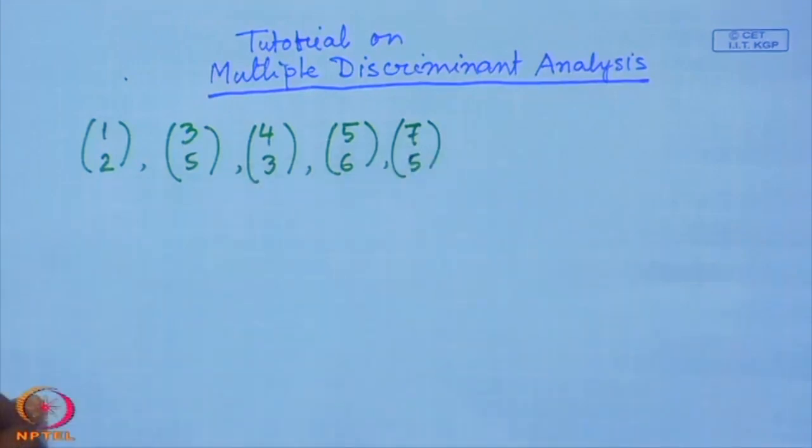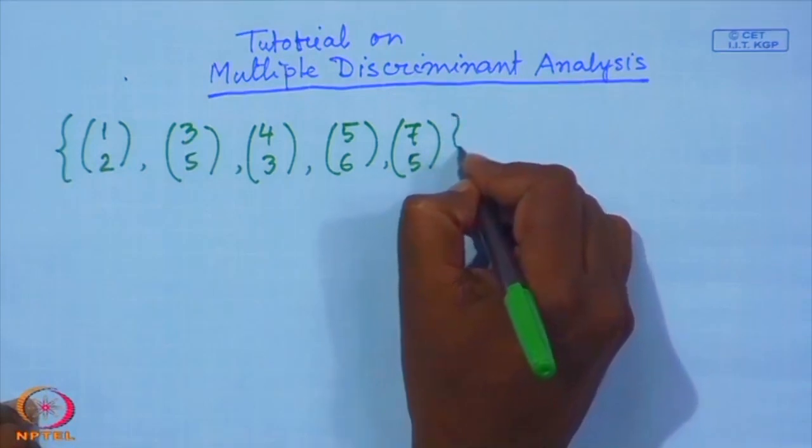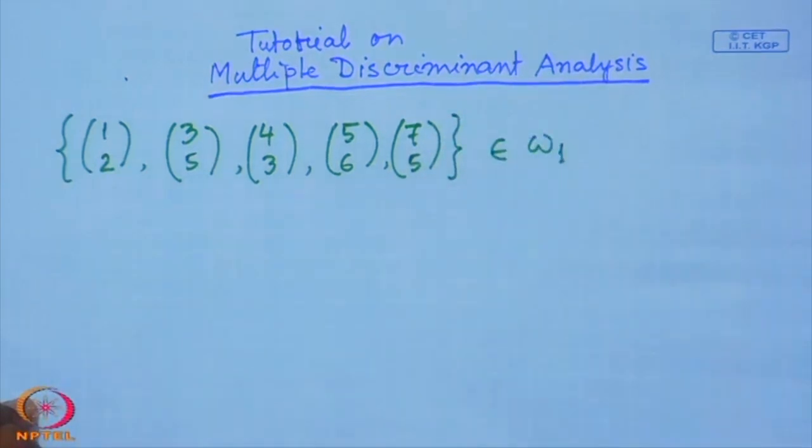We are considering two dimensional feature vectors. These 5 feature vectors are taken from class omega 1.